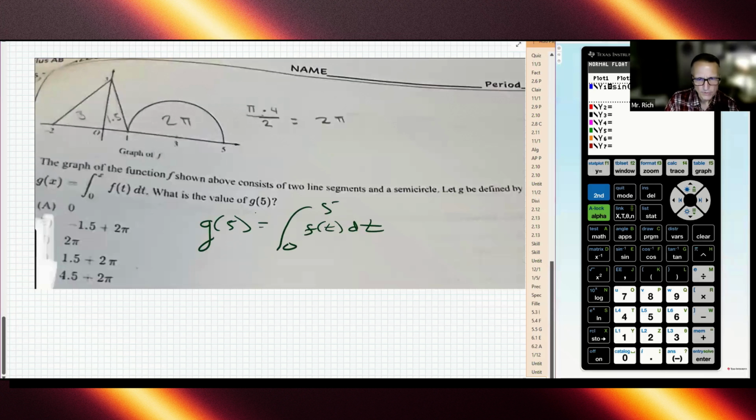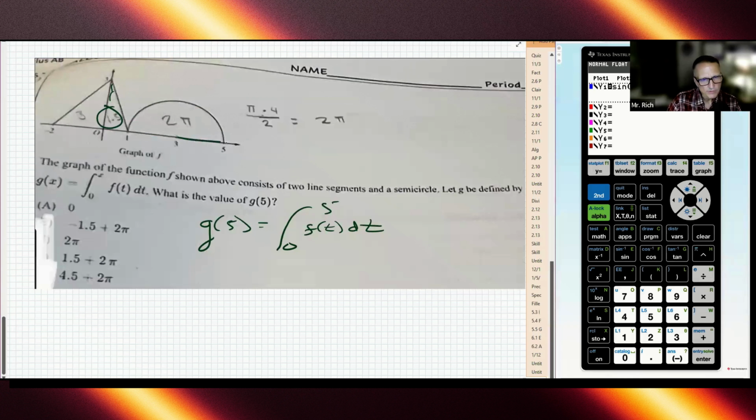Well, we know that the integral of f is going to be the area under the curve from 0 to 5. So we would calculate, looks like you already did this, the area of this triangle from 0 to 1, and then add that area from 1 to 5. So that area is 1.5, 1/2 base times height.